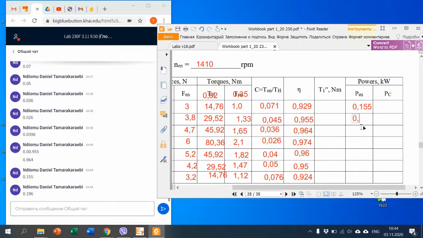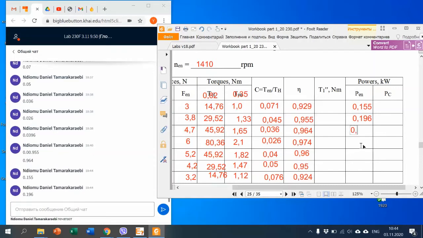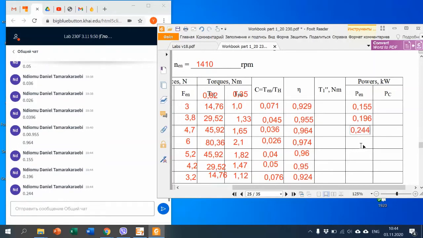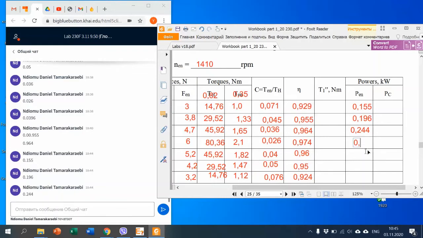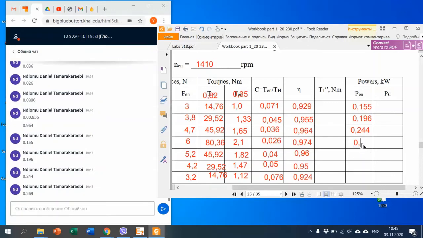0.196. 0.244. 0.130. It's impossible, it should increase in power.